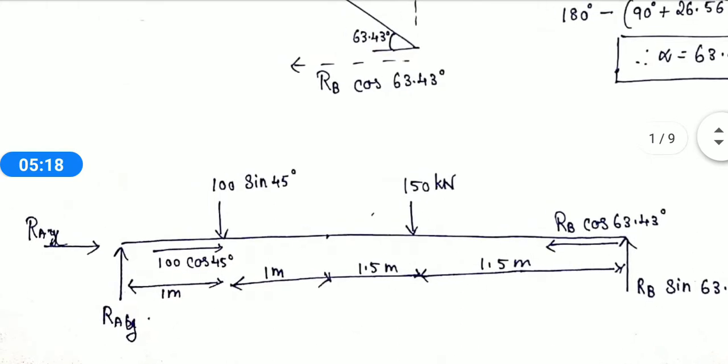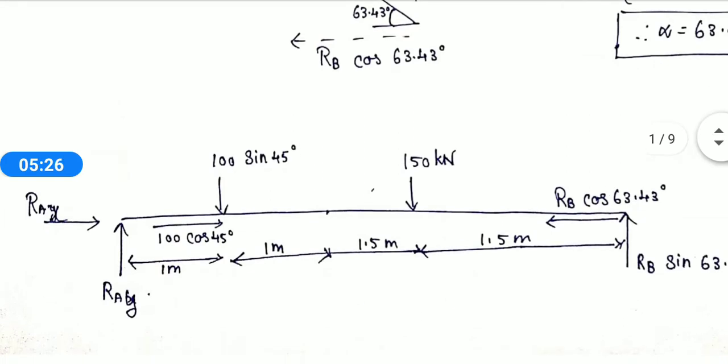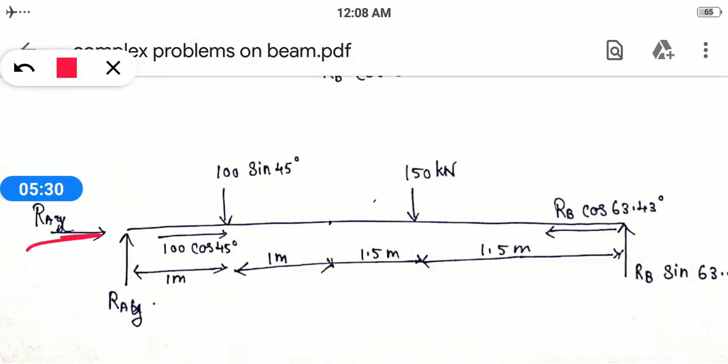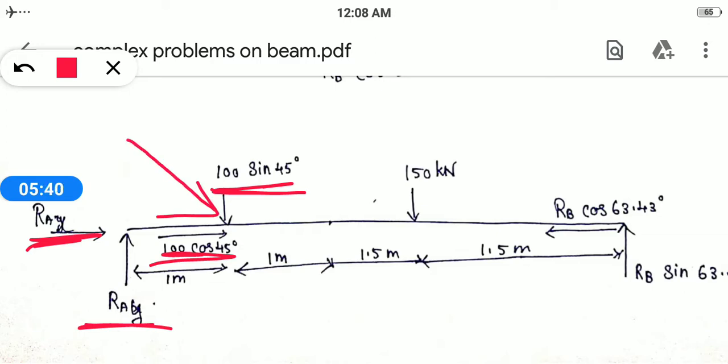So you can easily resolve these forces and find the reactions at all these supports. How did we resolve it here? I hope everyone understood this. This is the basic thing, RAX and RAY. This is 100 sine 45 and 100 cos 45, since your load is inclined like this.